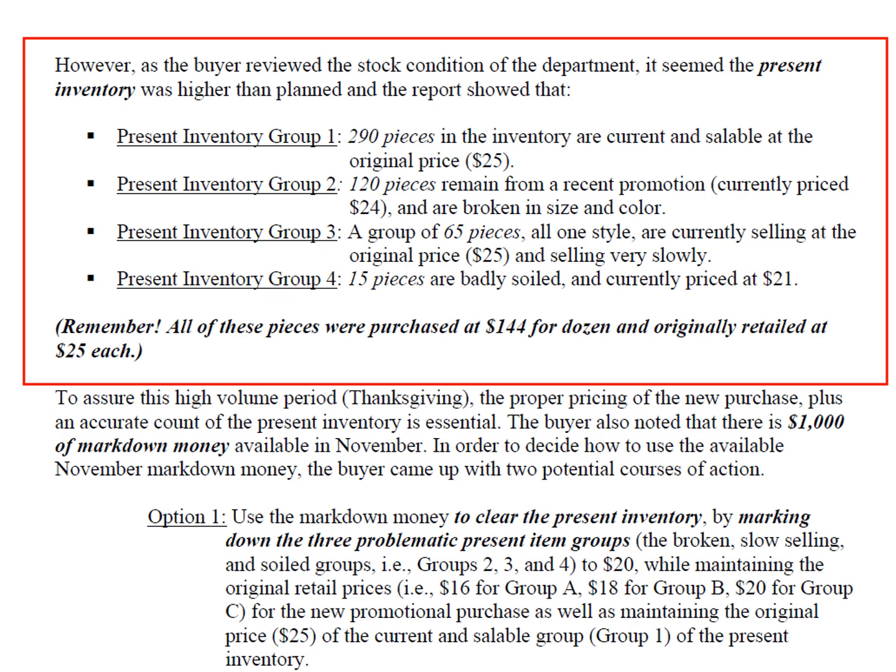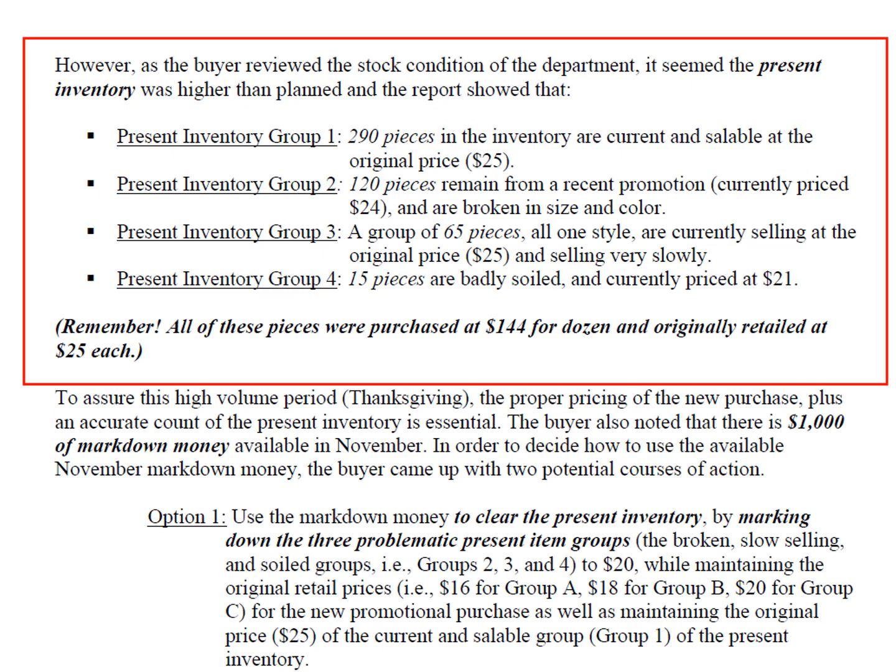In the first group, 290 pieces are current and saleable at the original price of $25, so they're okay. The second group is 120 pieces that remained from a recent promotion, so they still carry the promotional retail price, a discounted retail price of $24, but they are broken in size and color.